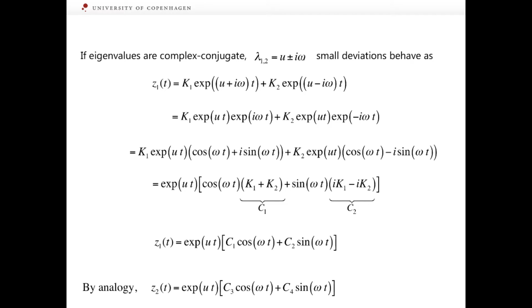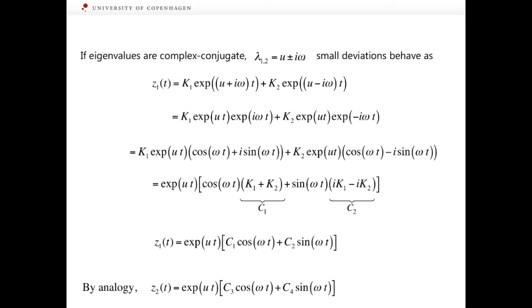Let us briefly summarize what we have learned so far. Although the original dynamical system was nonlinear and its solution could not be found analytically, we can linearize this system near the fixed point and obtain a system of linear equations, which are solvable exactly.